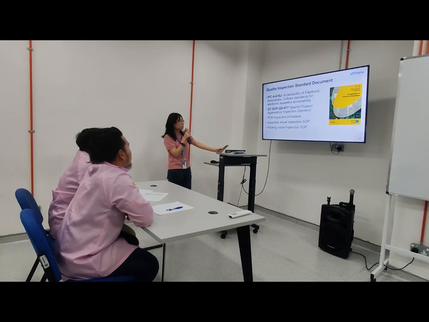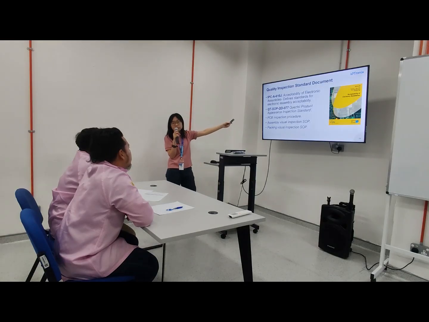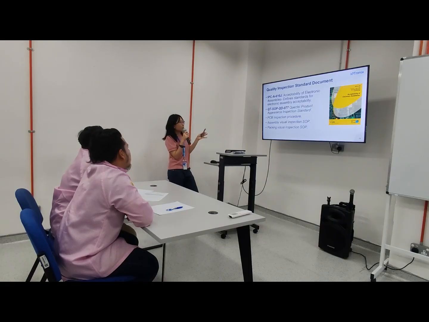Next we have the Quitel product appearance inspection standard. For the assembly side, we normally refer to this visual inspection document. And then we have our own PCB inspection procedures. For each respective project, we will have the assembly visual inspection SOP and the packing visual inspection SOP, based on each different project.